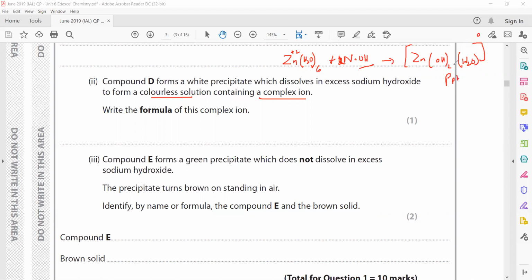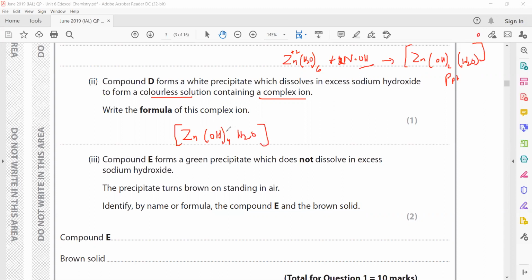But how does the precipitate dissolve? When a complex has a net charge on it, and we add an excess, or more than enough, more protons are being lost from here. So a greater number of protons are removed. So we'll have zinc hydroxide, but now 4 hydroxides and 2 water molecules. So what will be the net charge?